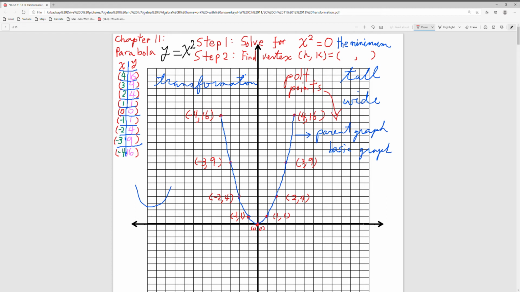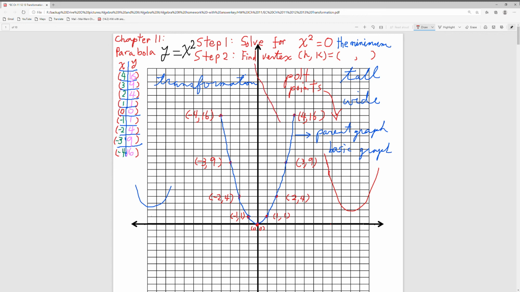Later on, we don't want to always plot points. Why? Pretend our graph is here, and you try to find many points, x is 1, 2, 3, 4, 5, for example. If you keep extending, you may just find the graph here, right?